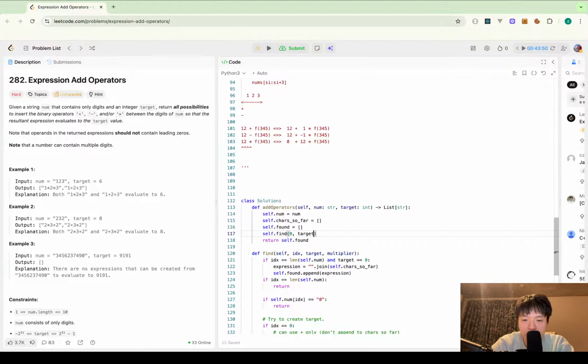So let me change a little bit. Firstly, I should pass 1 as the multiplier, because firstly it means I chose plus.